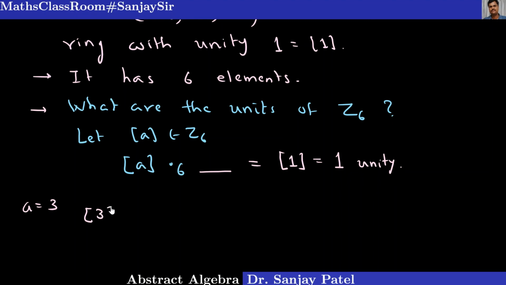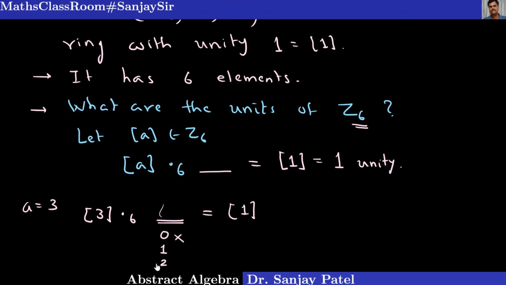Can I have something in place of this blank so that class 3 dot 6 something is equal to class 1? So you keep all numbers from the ring Z6 one by one. I cannot put 0. I cannot put 1, since 3 into 1 is 3, not 1.